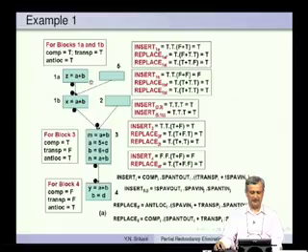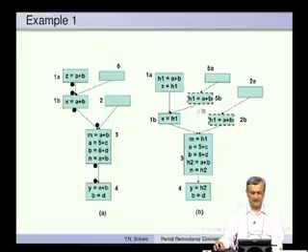So, let me give you an example. So, here is z equal to A plus B. If we replace this, then z equal to A plus B would be replaced by h1 equal to A plus B and then z equal to h1. So, we call this the insertion of a new computation and this the replacement.